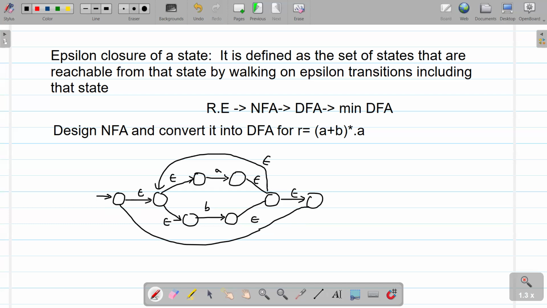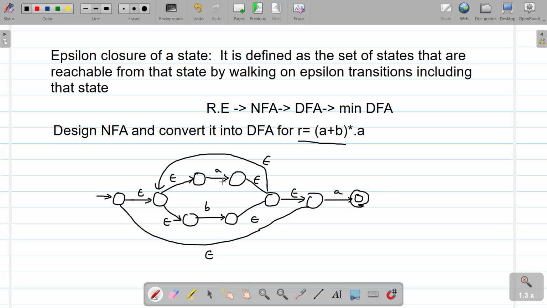Then followed by a. So we'll have single a, then only we can reach the final state. So from the question, we can understand that this will accept all the strings ending with a.